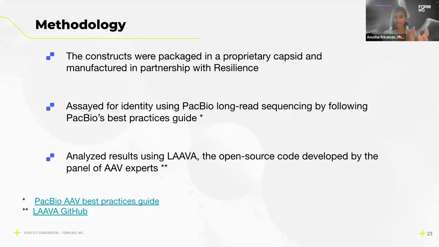Finally, the long read sequencing data were analyzed using LAVA, which is the long read AAV analysis. It's open source code that was developed by our AAV working group. I've also linked the GitHub as well as the bioRxiv paper, so please check them out. I highly recommend them, as they give you details about the code as well as the process and the kind of outputs it helps provide.